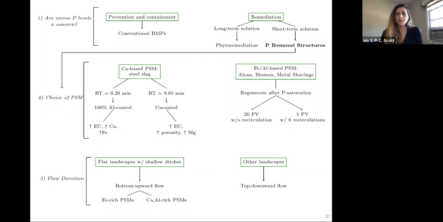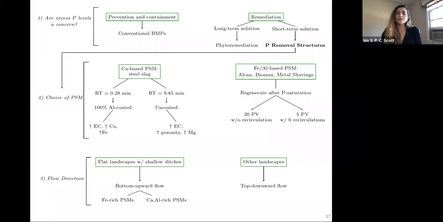The choice of PSM, then: if we decide that phosphorus removal structures are a good alternative for mitigating the dissolved phosphorus in that condition, then we choose what is the PSM that we are going to use.